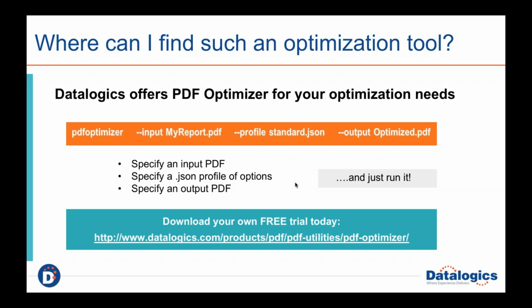And then all you have to do is run it. And also you can see on the screen here, we've got a URL for downloading a free trial of PDF Optimizer. And an important thing to mention here is that PDF Optimizer is available in 64-bit for both Windows and Linux.